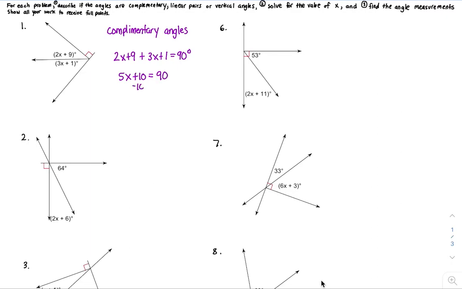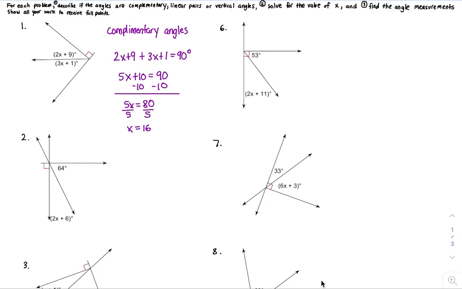We're going to subtract 10 from both sides, and we get 5x is equal to 80. We'll divide both sides by 5, and x is going to equal 16. So x is equal to 16. Now you have to plug in this x into both of those angle measurements to find the angle.